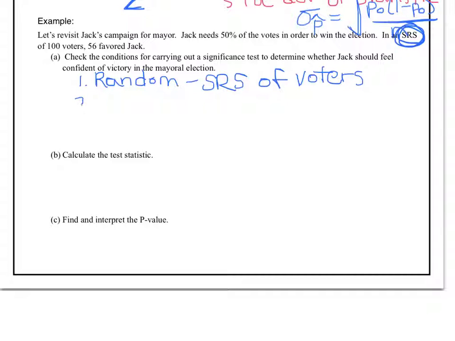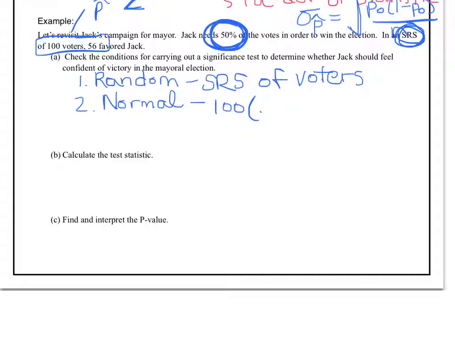Number 2 would be normal. For normal we don't use p-hat. P-hat is this 56 out of 100. We don't use p-hat, we use p, which is this right here, the null. So we would say 100 times 0.5 is greater than or equal to 10.